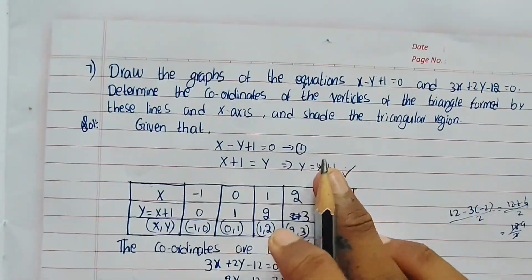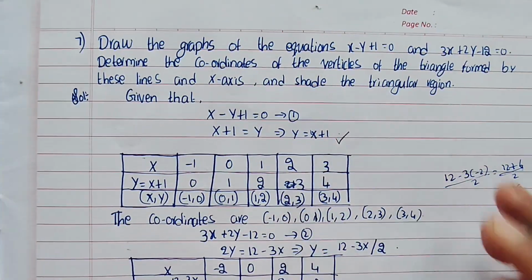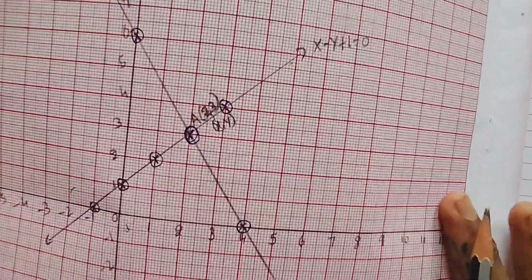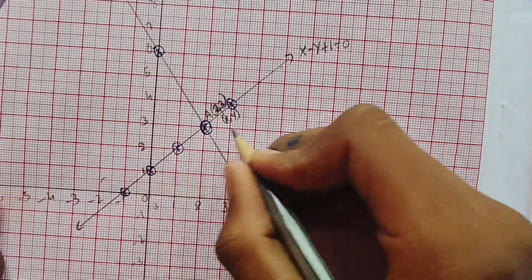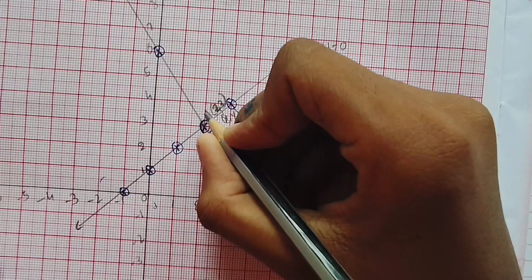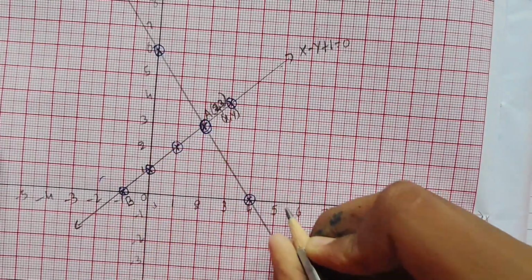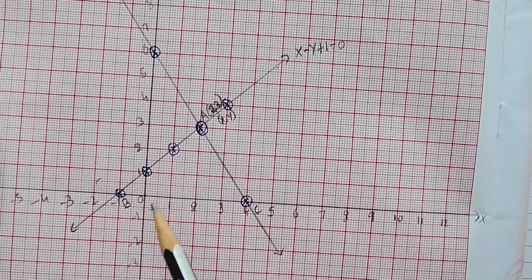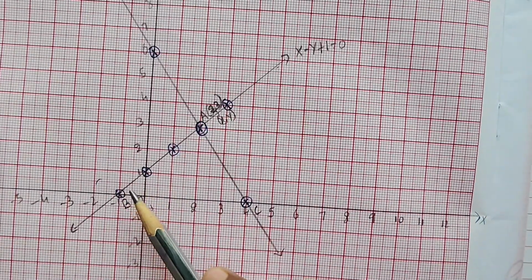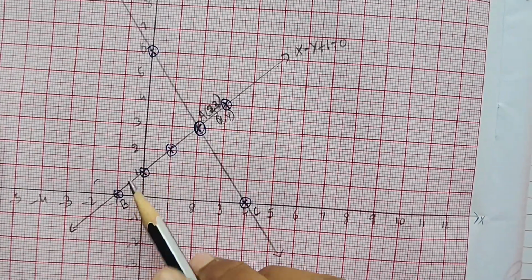The question said to shade the triangular region. So we got the triangular region here. I am naming this point as A, this is B, and this is C. So he said shade the triangular region, so I am shading that.